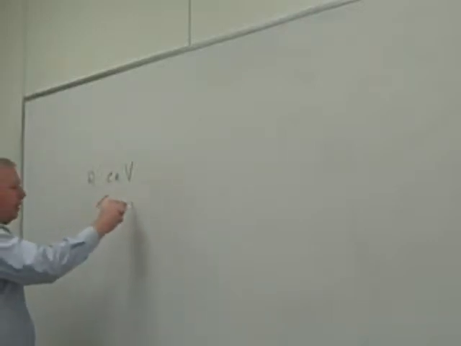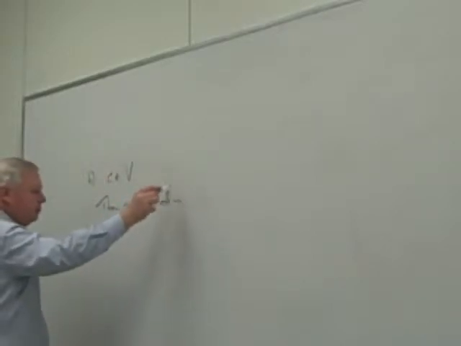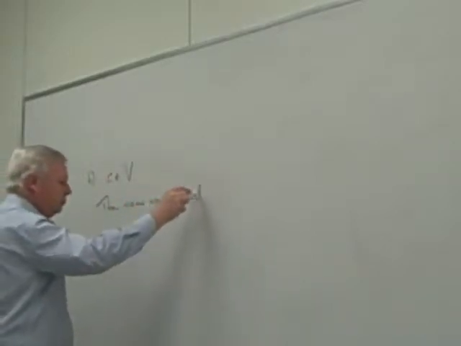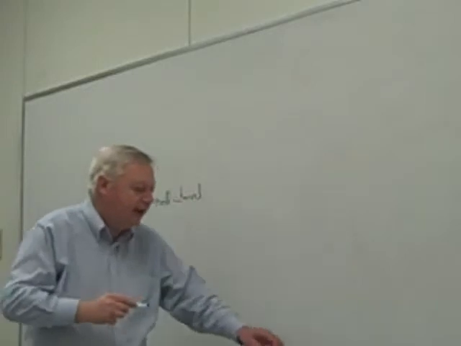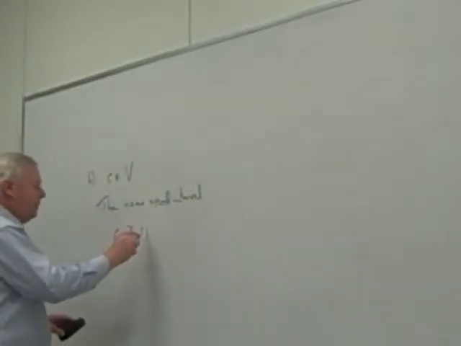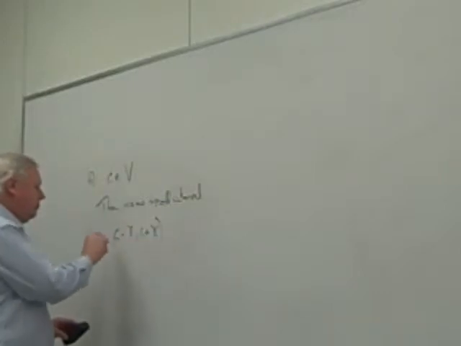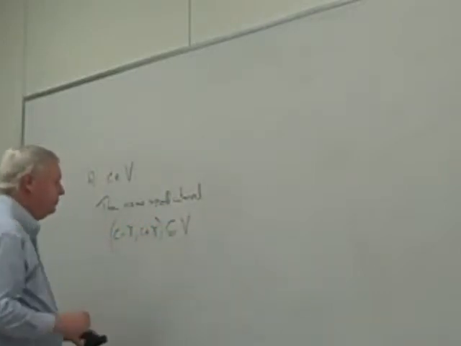But then some small interval C minus gamma to C plus gamma is contained in V, since V is open.